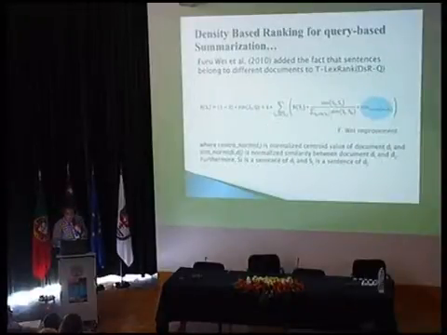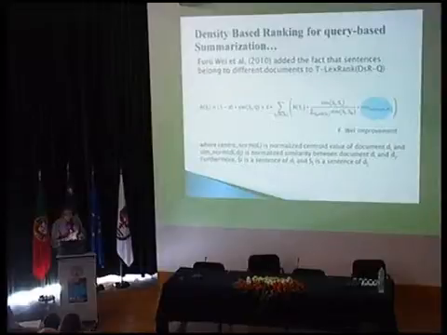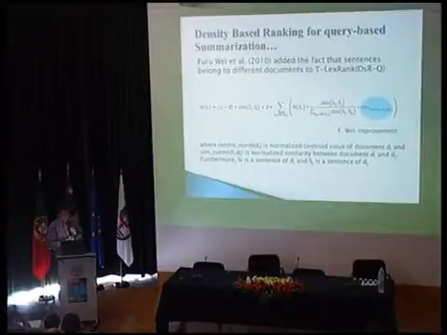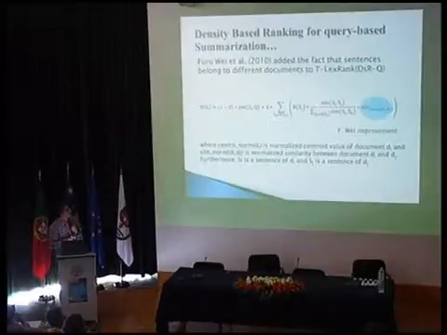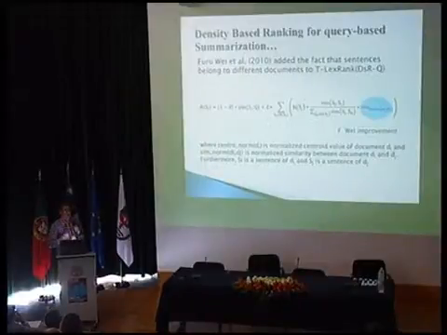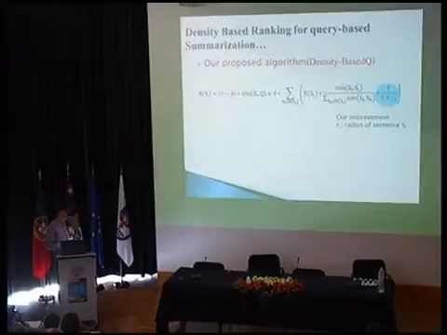And Foroozan added the concept of which sentence belongs to which document. It means the similarity between the documents is added to TLexRank, this term, and they show that this ranking algorithm works better than TLexRank.